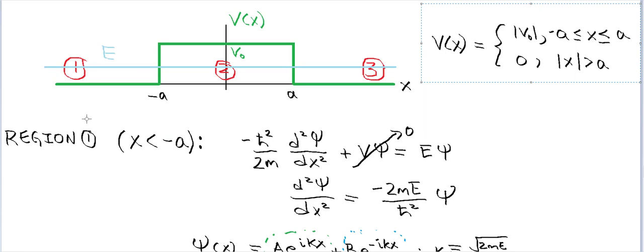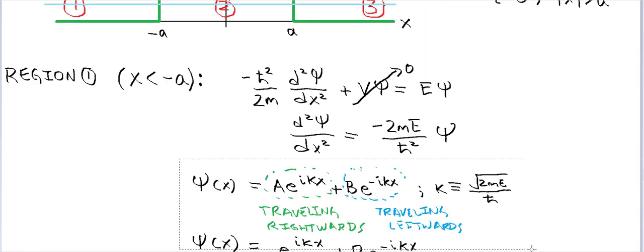This starts out in very familiar territory. Region 1: minus h bar squared over 2m d squared psi dx squared, plus 0, is equal to E psi. Minus d squared psi dx squared is equal to minus 2mE over h bar squared times psi.